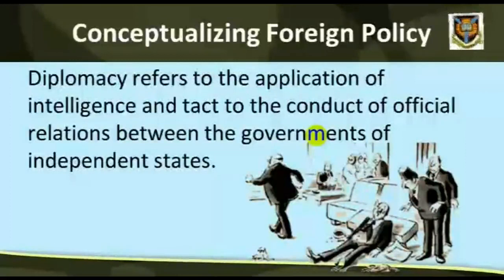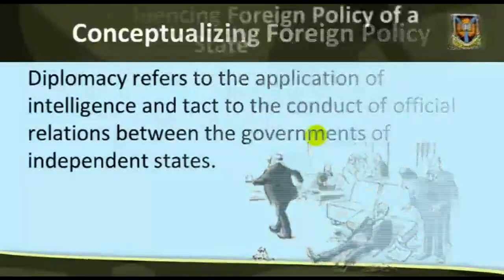While foreign policy is the goals and objectives which a state sets to achieve beyond its national frontiers, diplomacy is essentially the techniques often adopted by nation states in order to achieve their foreign policy objectives. As we go on in this lecture, you will see clearly the difference between foreign policy and diplomacy.